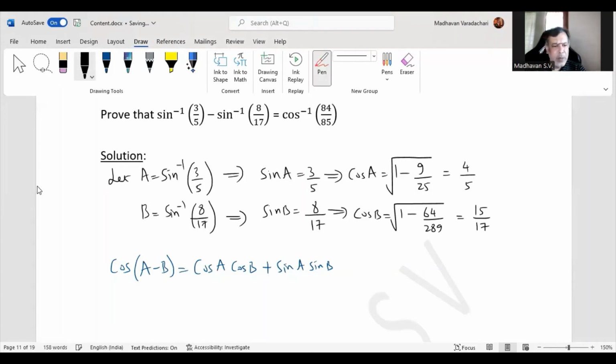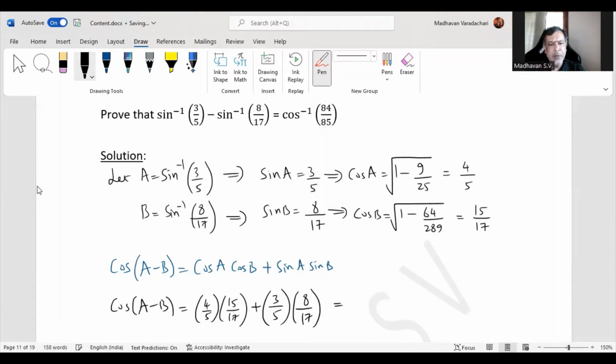So therefore, our cos of A minus B will be cos A, which is 4 by 5, cos B, which is 15 by 17, plus sine A, which is 3 by 5, sine B, which is 8 by 17, and that will give you 60 by 5 into 17 is 85, plus 24 by 85.